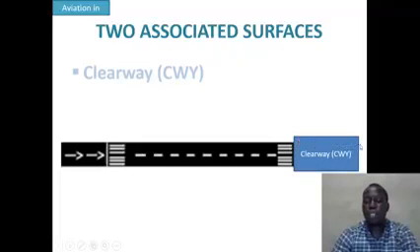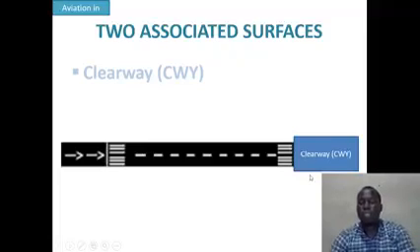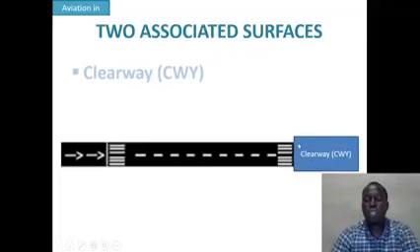The length of the clearway should not exceed half of the length of the takeoff run available, and the width also depends on the type of the runway. For example, for an instrument runway, the width must be at least 150 meters, and for a non-instrument runway, the width should be the width of the runway strip.